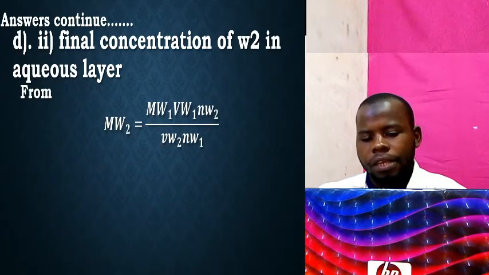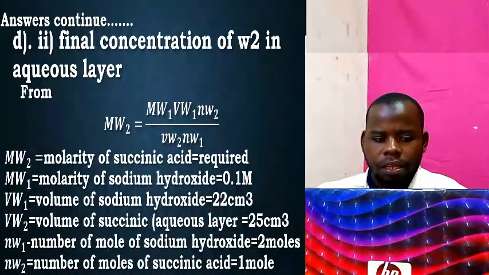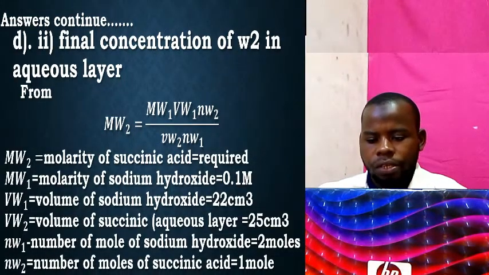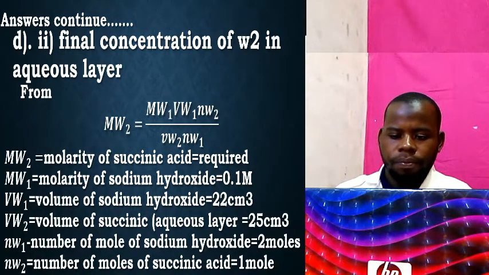The formula is the same, but the difference is the data. You see the change here, there is 22, there is 22 of this.